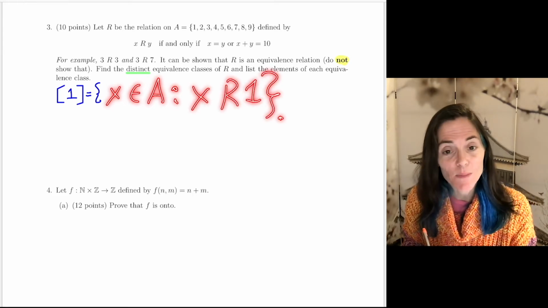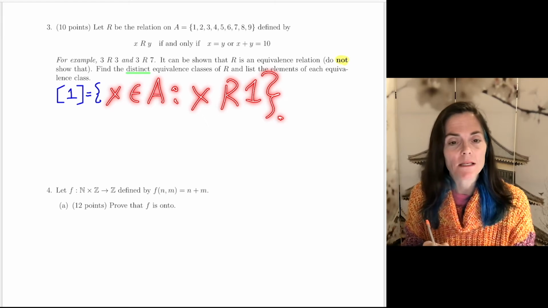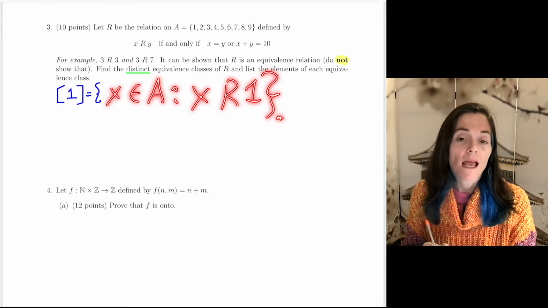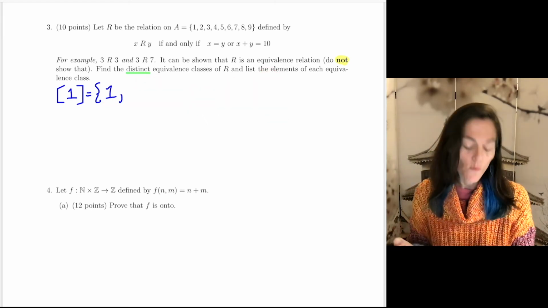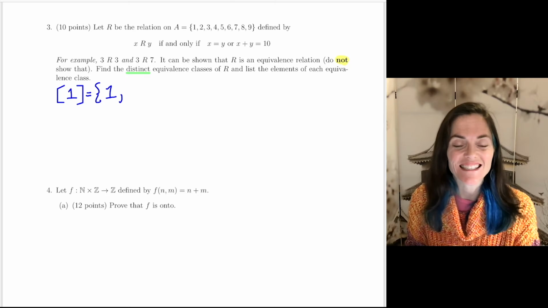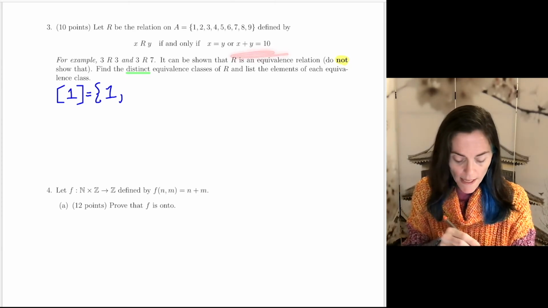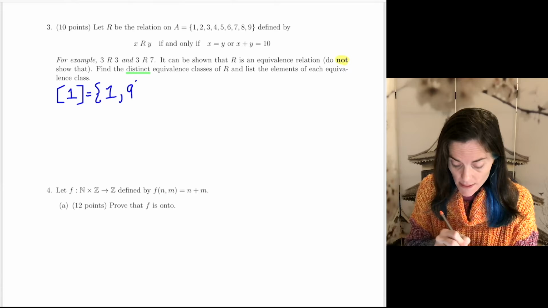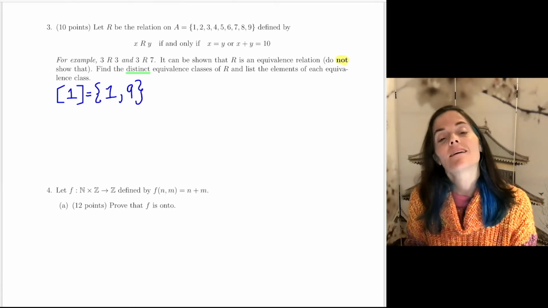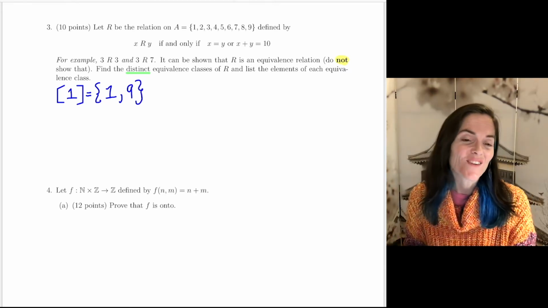That's what this class is, but I need to list all of the elements. So first of all, certainly 1 relates to 1. 1 is in its own equivalence class, definitely. But then also there's this other part, x plus y equals 10. So 9 is also in this class, but that's about it. That's all for this equivalence class.